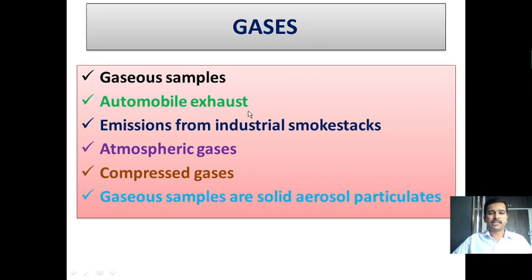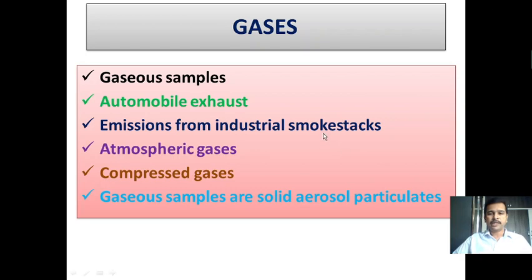For example, with automobile exhaust gases, the aim is to determine the amount of carbon dioxide, carbon monoxide, oxides of nitrogen, oxides of sulfur, and any other pollutants present. Exhaust samples have to be collected because the exhaust is in gaseous state. Gaseous samples are also needed from emissions from industrial smokestacks, because these are the principal pollutant sources of the atmosphere.